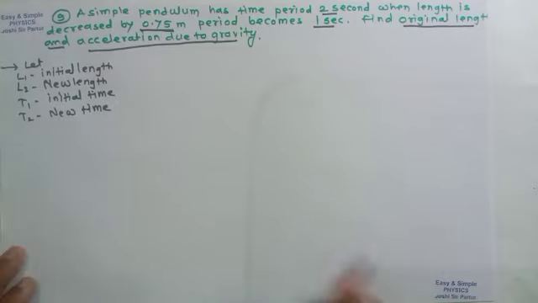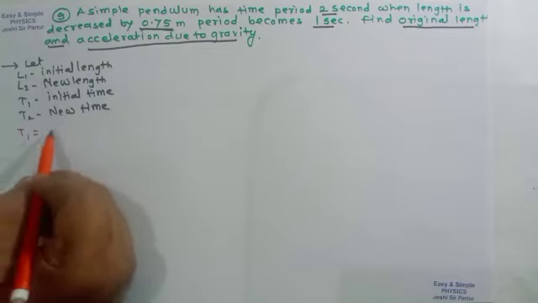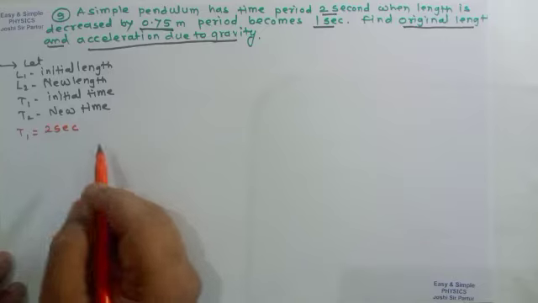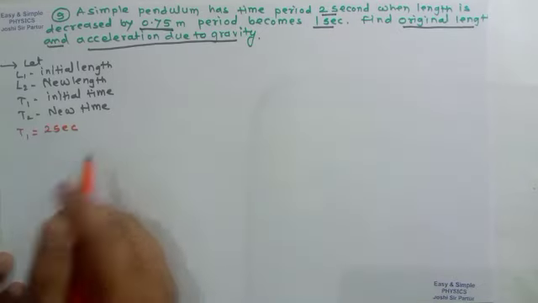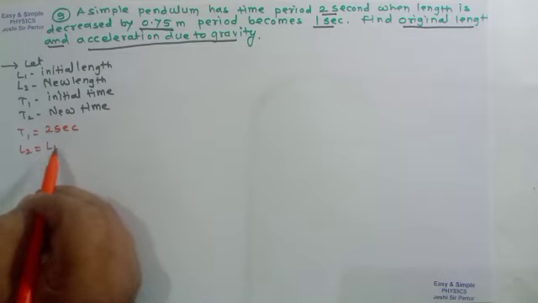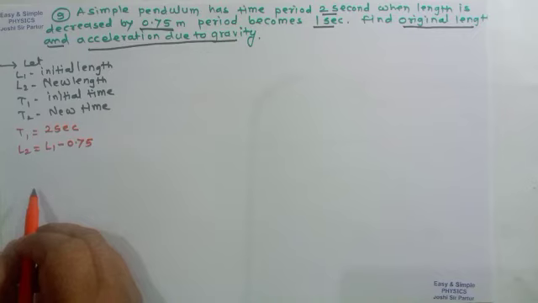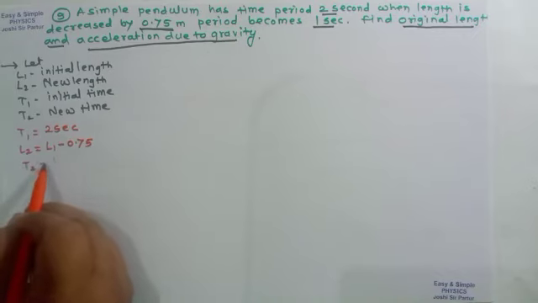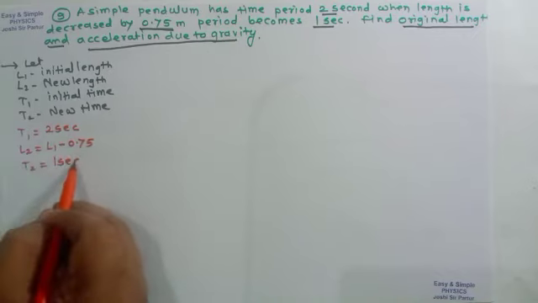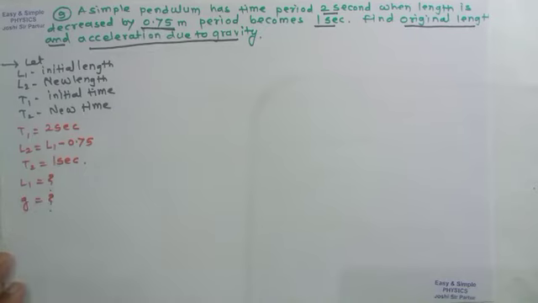By seeing that, T1 has value 2 seconds, and the new length L2 is decreased, L1 minus 0.75. So time period T2 becomes 1 second, and we can find out L1. Again, we can find out the value of G.